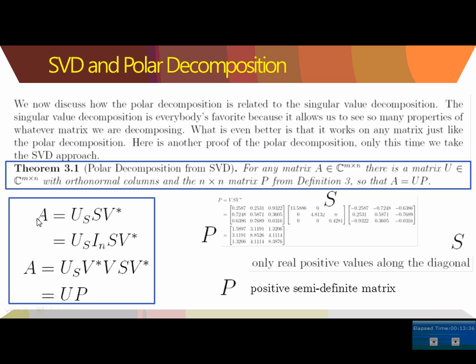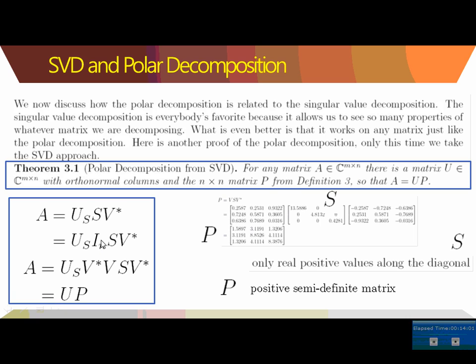Suppose we have this U times SV. Then this S can be written as the identity matrix times S.